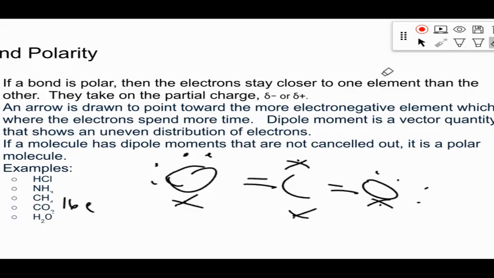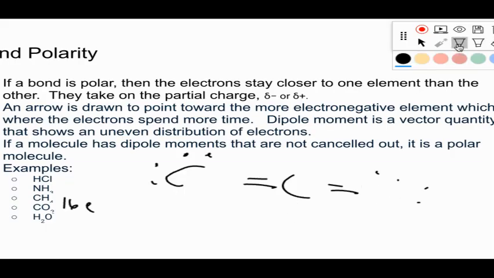And so now we want to look at it and figure out what the shape is for this molecule. So there are double bonds. They do not count as 2 bonds each.